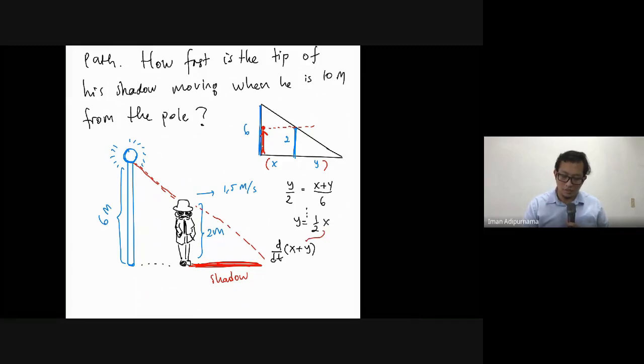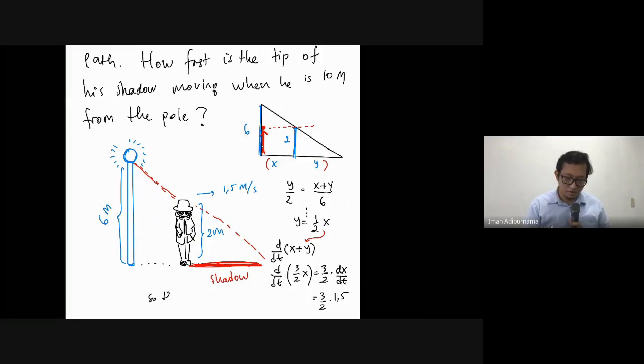So the half x can go here, and I will have the dt is 3 over 2x, right? So this is 3 over 2 and dx dt, right? 3 over 2, dx dt is 1.5. So it's around 9 over 4.